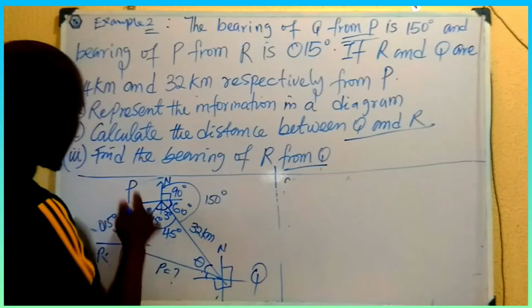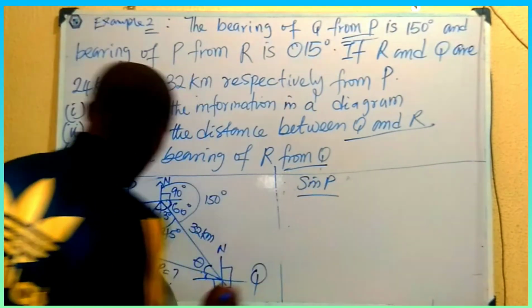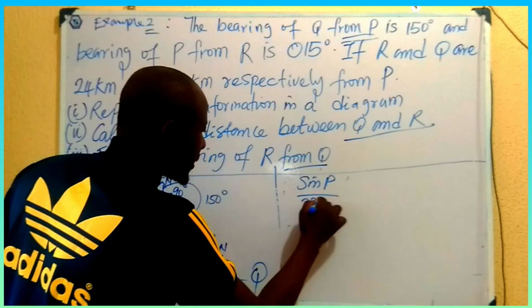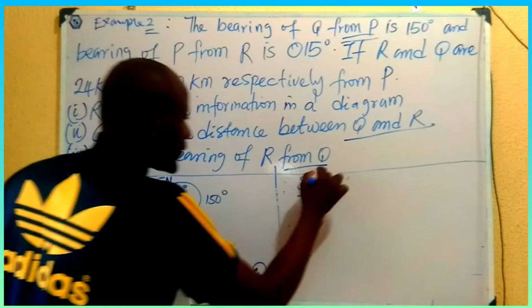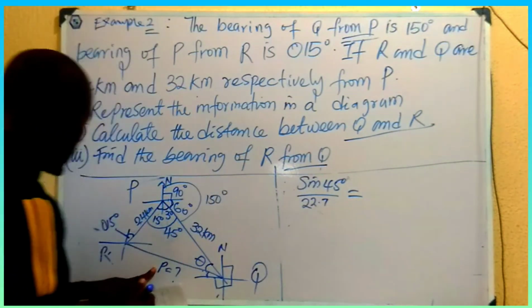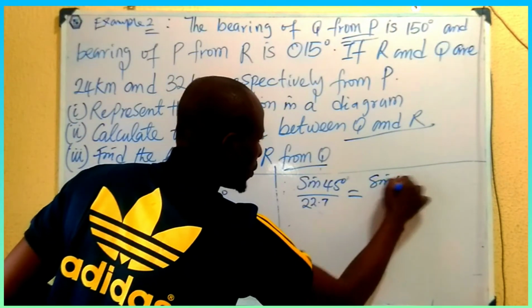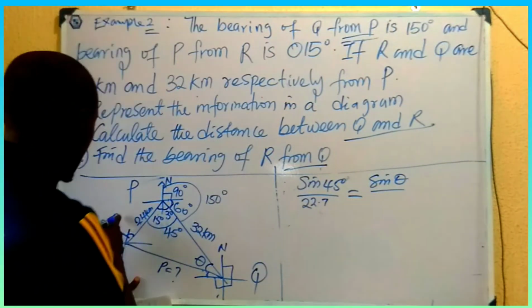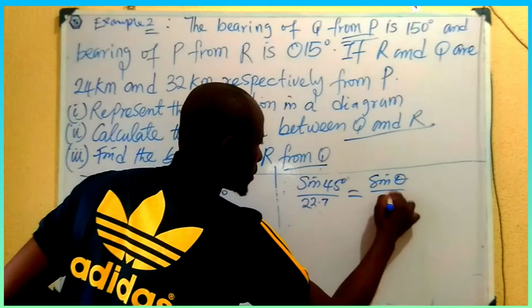So quickly, let's look at the sine rule. We can say sine P over small p, which is 22.7. Remember, P is 45 degrees, is equal to sine Q over small q, which is 24 kilometers.